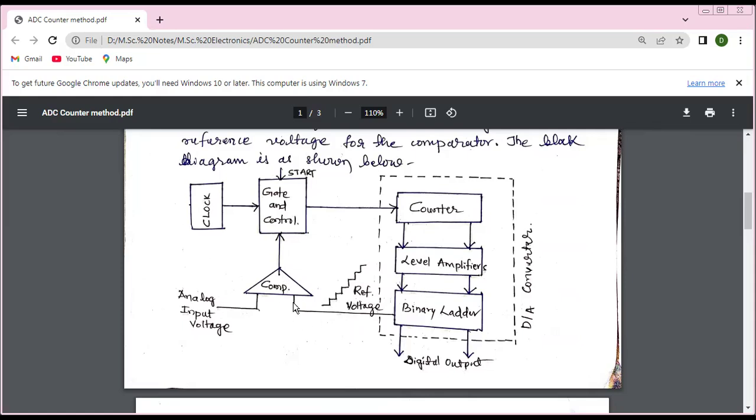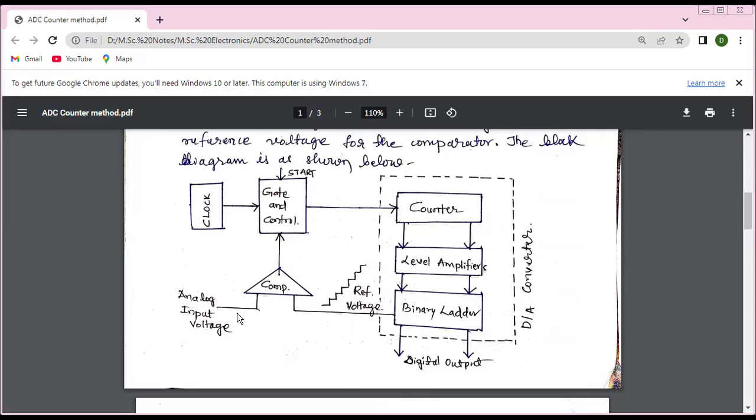And in the next few moments, what happens? The 1 volt which is produced here comes in this direction, and it comes to the binary ladder also. So feedback of 1 volt is coming out from the binary ladder circuit, and that is fed to the comparator circuit.